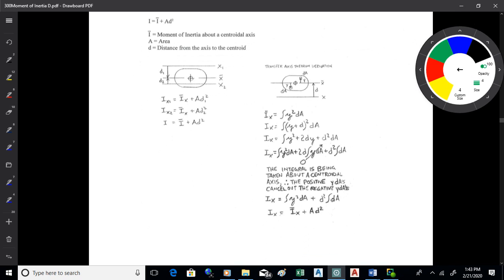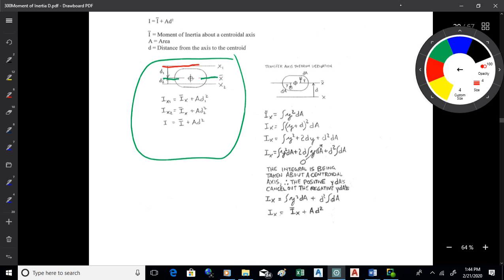All right, now here's why this works. I got a little illustration of it over here. So here's some shape, here's the centroidal moment of inertia about the centroidal axis. If I want to find the moment of inertia about the red axis here, I would use I bar x plus A D1 squared.